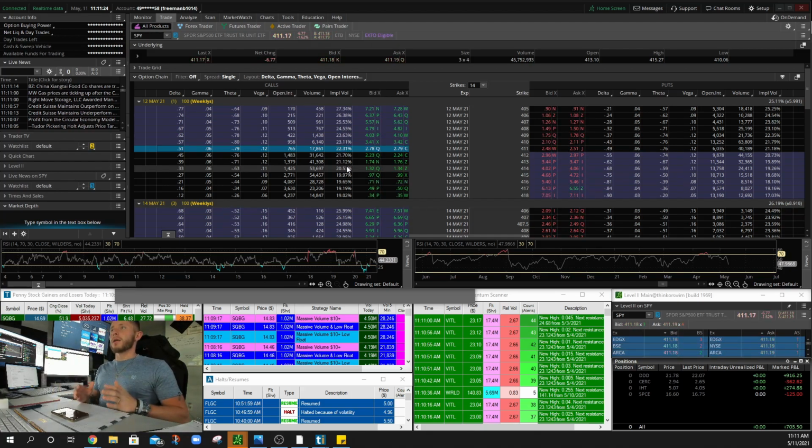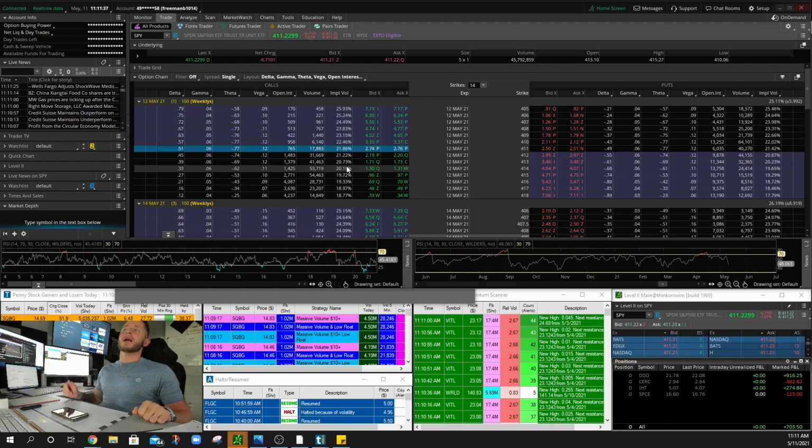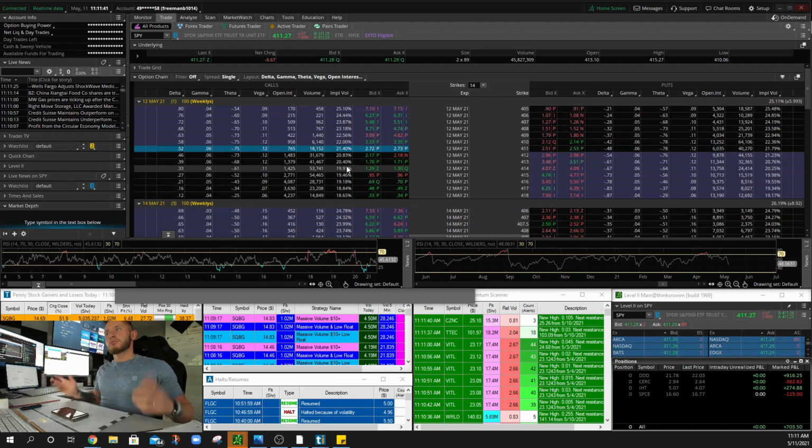That alone, the implied volatility increasing due to the stock being wild, will increase the value of the premium. So it would no longer cost you $200, $270 to buy. It may cost you $400, right? Still not bad.